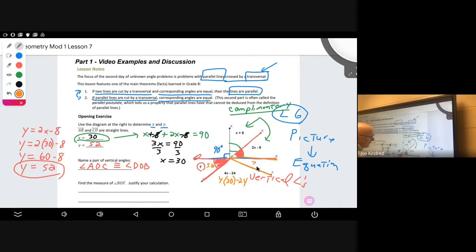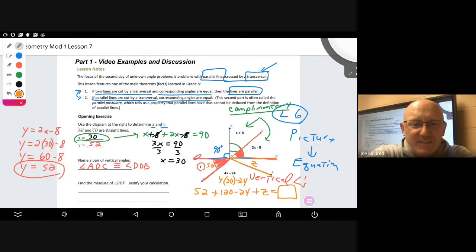If we were to call this angle z, finding it would be simply setting up the equation 52 plus 120 minus 24 plus z is equal to, and I'll let you finish that on your own. So that is a review of Lesson 6. You can pause the video and solve for z on your own, which is also angle BOF.